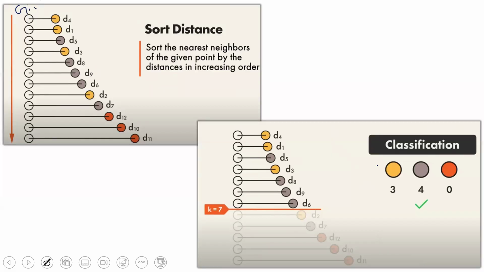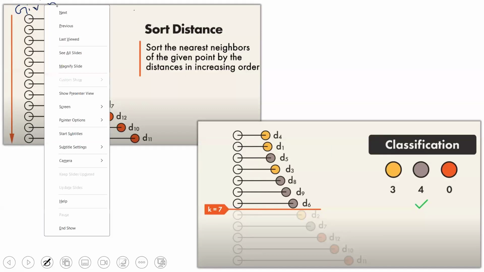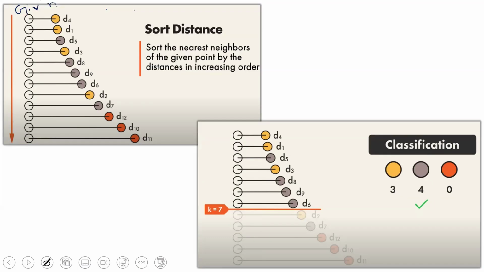In such a way, we calculate the distances from the given point to every other point. Okay, so this is a given point, and these are the different points in the data set. Once we calculate the distance from the given point to every other point, we sort the distances in an increasing order.